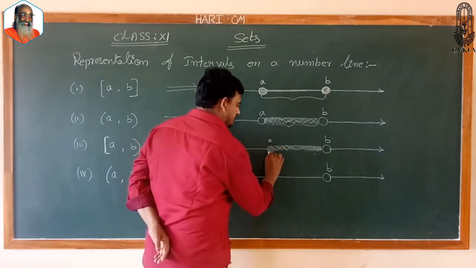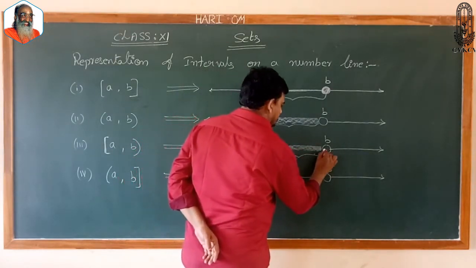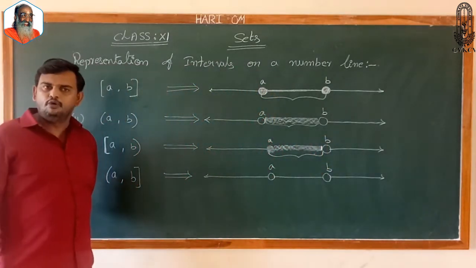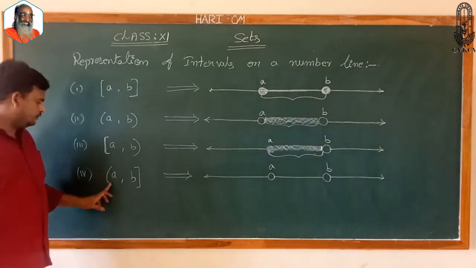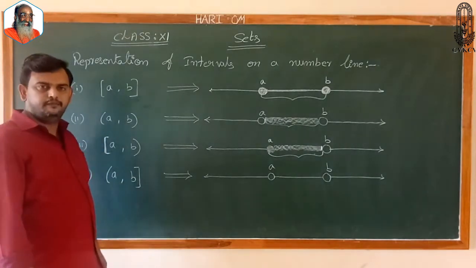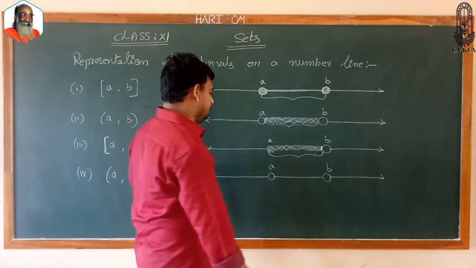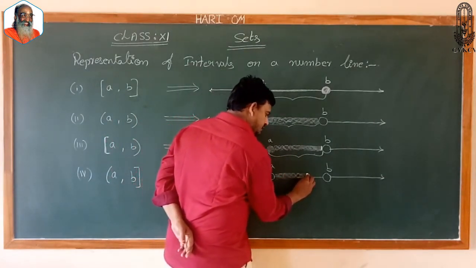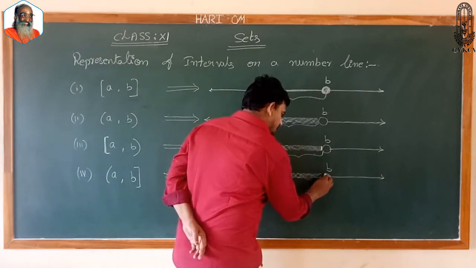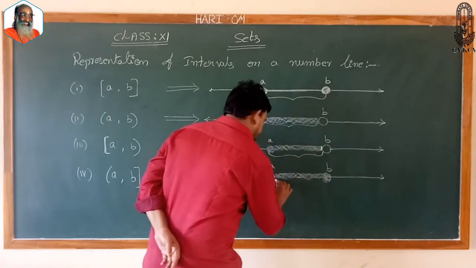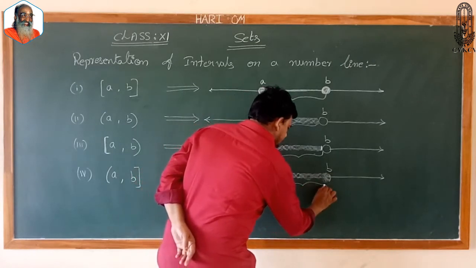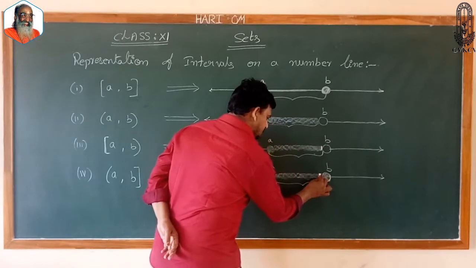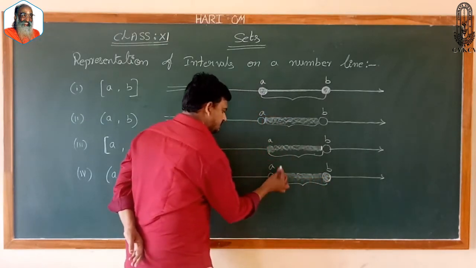We are not considering the value of b. Then, open to a and closed to b means not considering a, this entire region, but including b. This is the region we are considering.